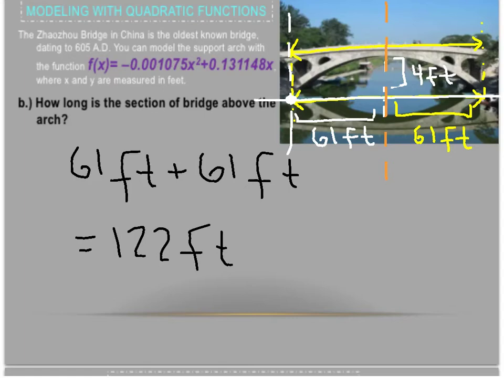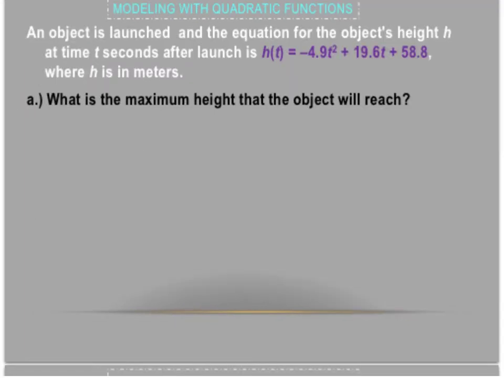it'd be 122 feet. All right, so we are launching an object into the air, and the path that that object is going to follow, right? You throw something up, it comes to a point, and then it comes back down, right? So the path that this object that we just have thrown into the air has this equation representing its height at time t, okay?